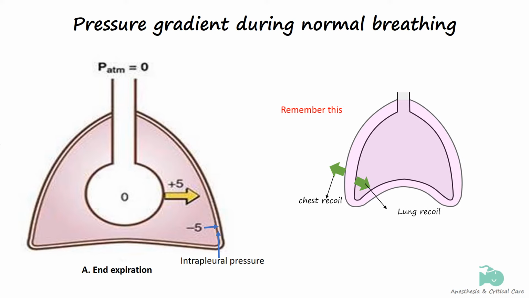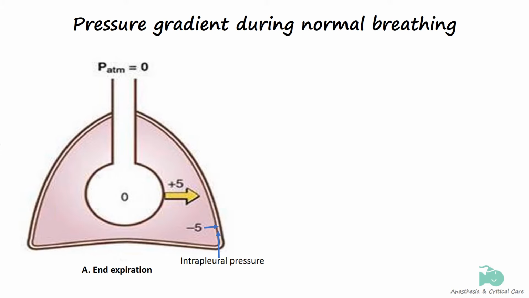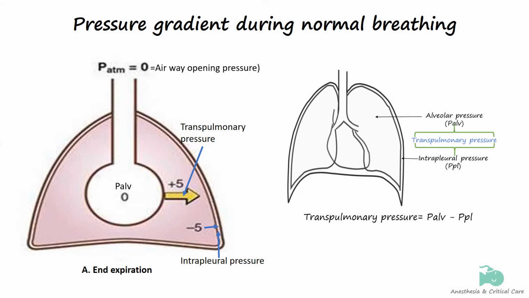The alveolar pressure is at 0 centimeters of water, which is in equilibrium with atmospheric pressure or airway opening pressure as there is no gas flow. This translates into a transpulmonary pressure gradient of +5 centimeters of water when the lung is in a resting state, that is, at the end of expiration. This pressure gradient helps to maintain the FRC, keeping the alveoli distended.